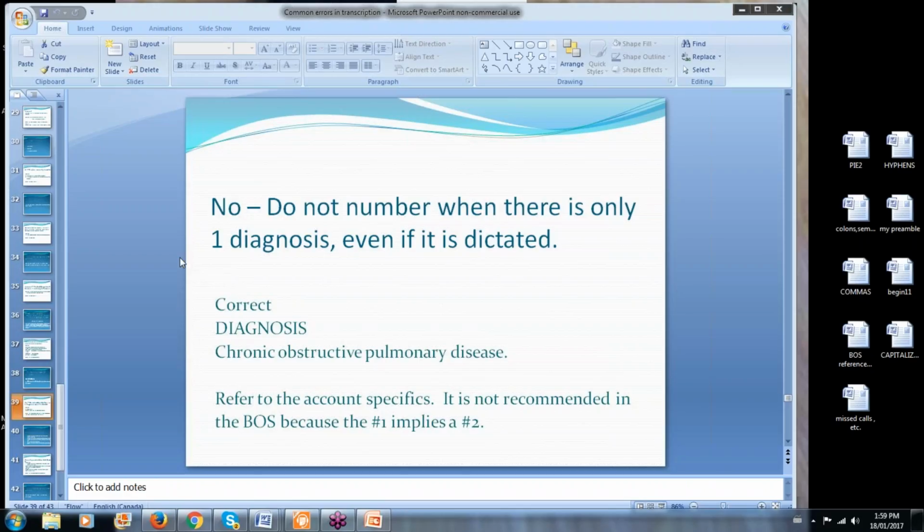And make sure too, when it's more than 1, you change that to an E. That's plural. Now, there's a good point, Melissa. Problem list is not the same as diagnosis. So people do not make that mistake. However, the rules still apply that if there's only 1, then you don't number.